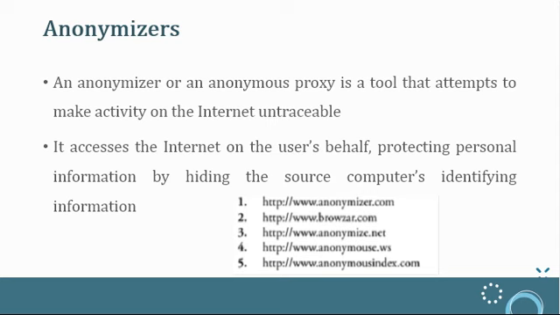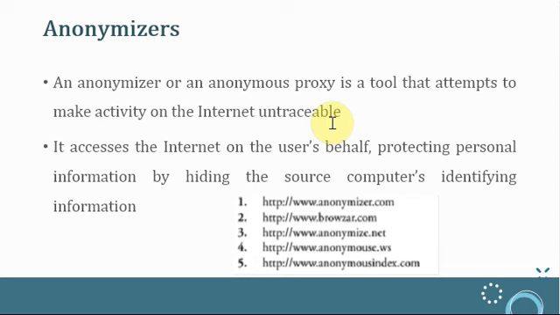So, an anonymizer, or you can say an anonymous proxy, is a tool that attempts to make activity on the internet untraceable. That is, whatever you have performed, or whatever pages you have viewed, or whatever activities you have done, cannot be traced by using this anonymizer.